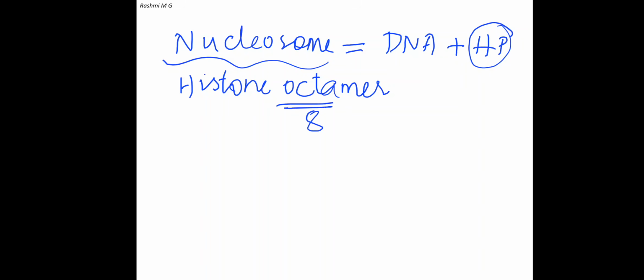Octa means 8, so there are 8 histone proteins. The 8 proteins form a barrel shape, like this. The structure of the nucleosome is somewhat similar to this barrel shape. So the octamer has 8 proteins. Which are they?